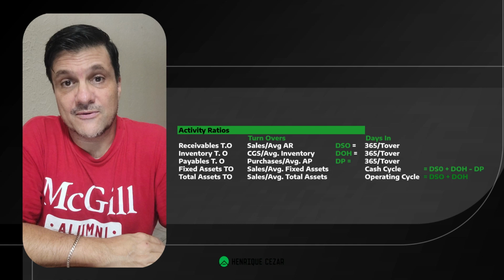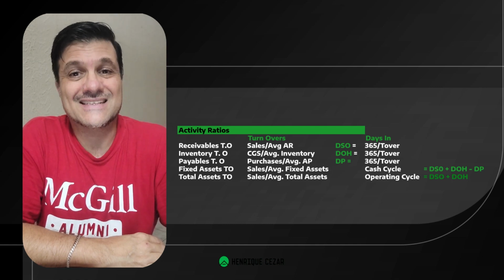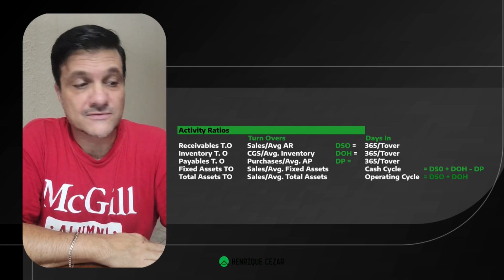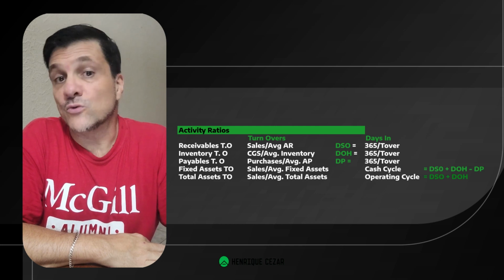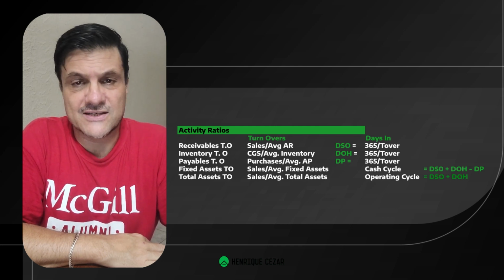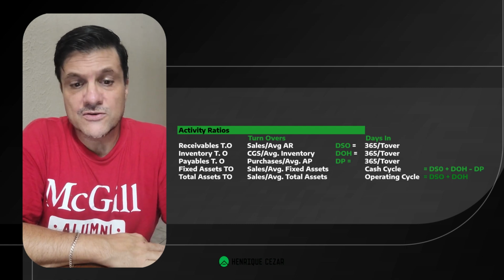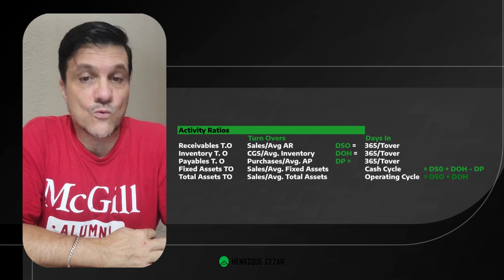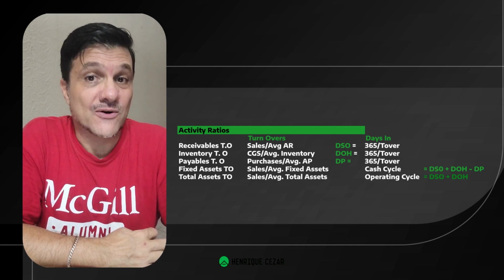So the quicker I receive, the quicker I sell an inventory, and the longer I take to pay my suppliers, that's the most efficient way to manage the cash flow, in this case for the net working capital. Right? We're talking about accounts receivable, accounts payable, inventory. Those are working capital. Okay, there you go. So think about 365 as an ideal turnover, and 365 divided by 365 equals 1. So 1 for all the turnovers except accounts payable, it's great.